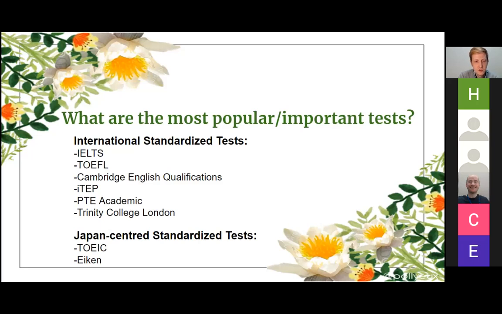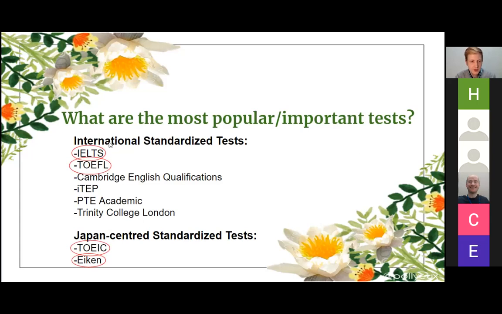There are a few more as well, but when I look at what universities require, these ones are often listed. And then the Japan-centered tests. TOEIC is technically an international test, but as I'll explain more later, it's very Japan-centered, and ACEN is completely Japan-centered.